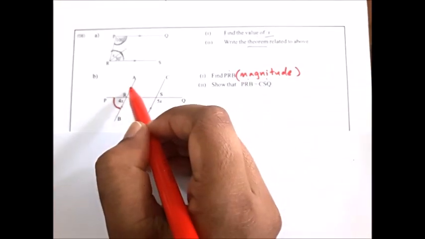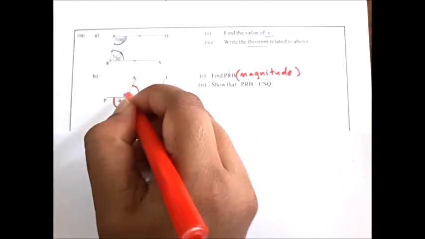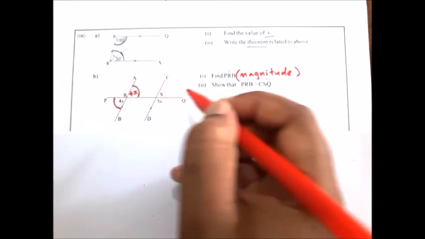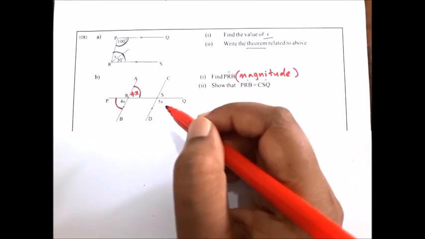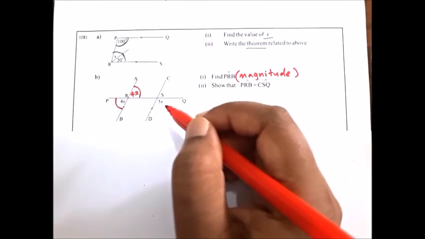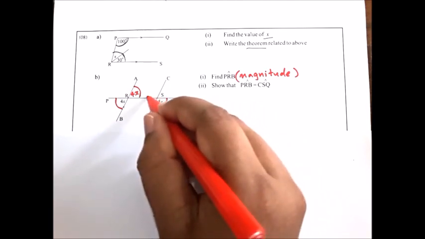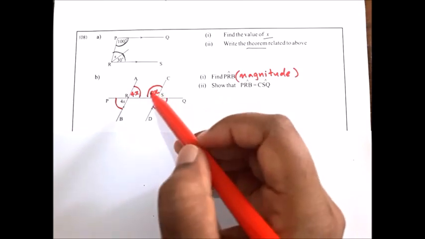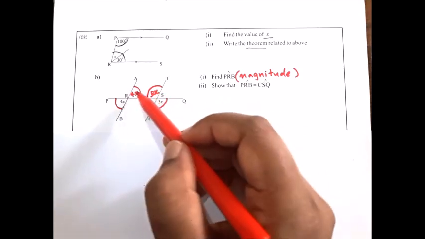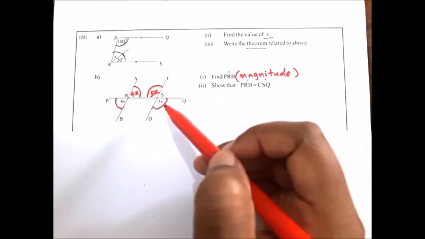If here 4x, this one also 4x. The reason is these two are vertically opposite angles. If here 5x, this angle also 5x. These two are allied angles. Sum of a pair of these two allied angles equals 180 degrees.